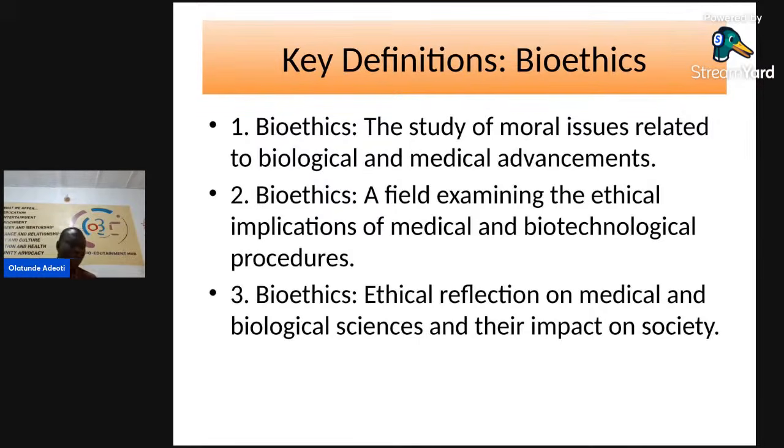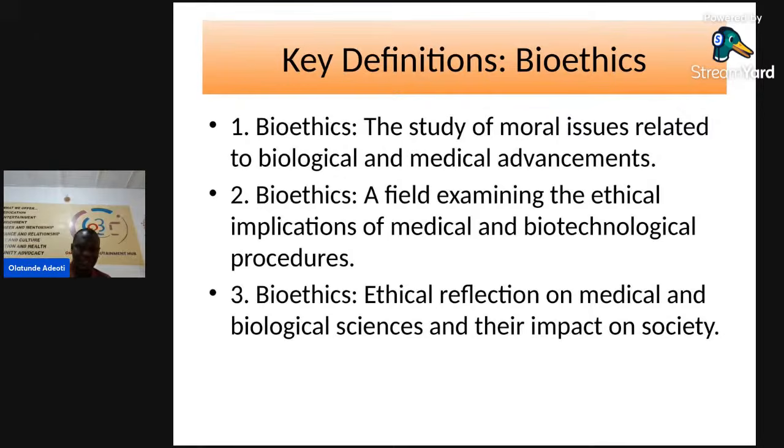It doesn't actually mean that it has to be your parents. All these are part of moral teachings that we ought to have been taught right away from our home. So as you are progressing in your academics, there are certain things that are going to remain moral for you.